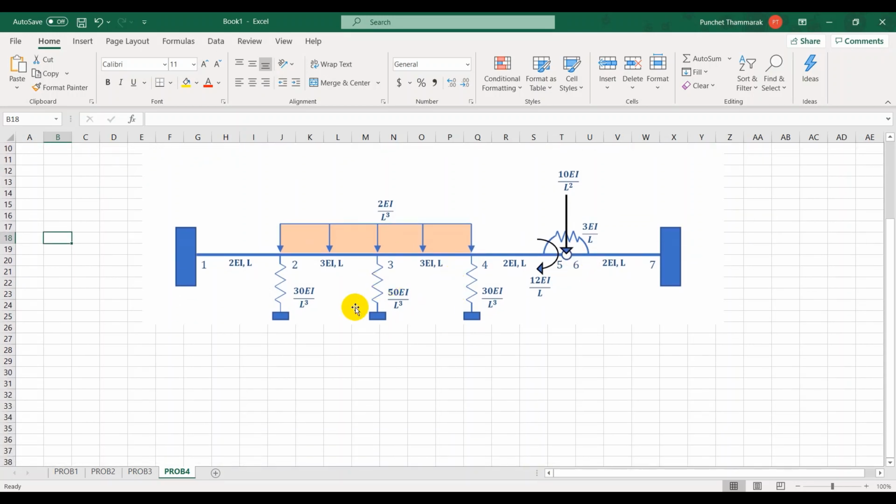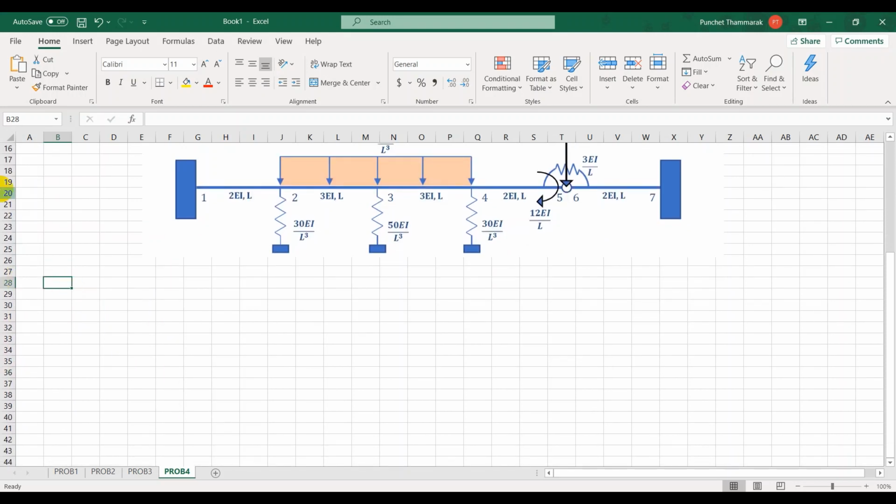Alright, so in total we have 1, 2, 3, 4, 5 elements. Then we just need to set up the stiffness matrix for each element. So we have the element number, the EI scale, and the L, which is how many times EI and how many times L. And then over here I'll put the global coordinate degrees of freedom.